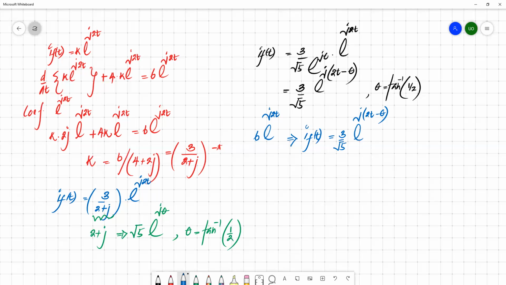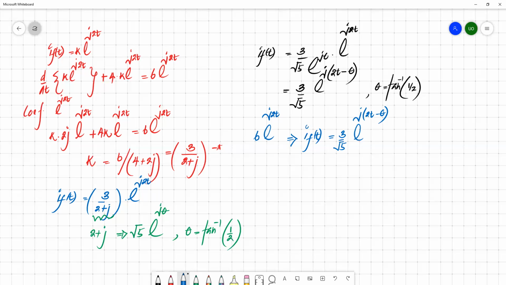From the previous statement, 6 cos 2t is equal to the real part of 6 e to the power j2t.